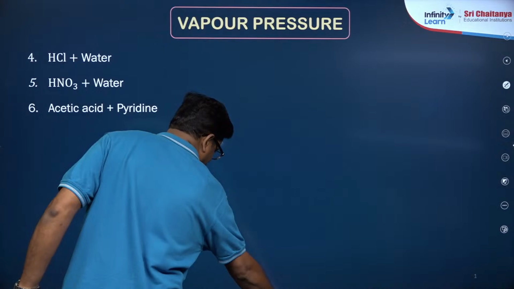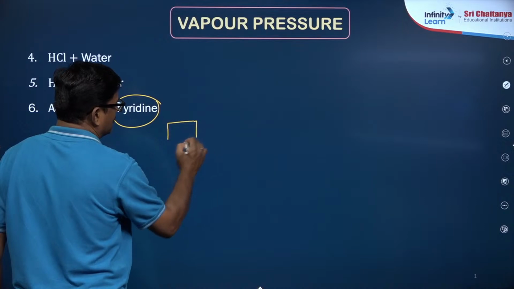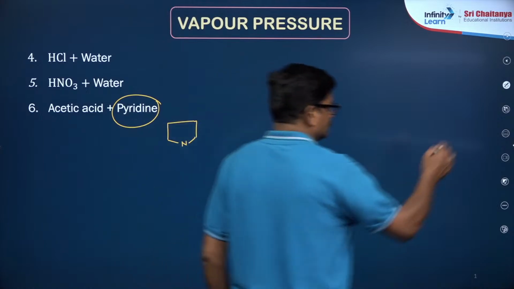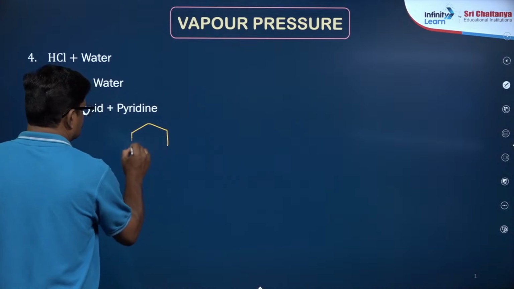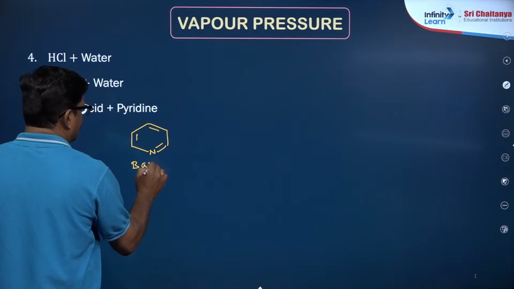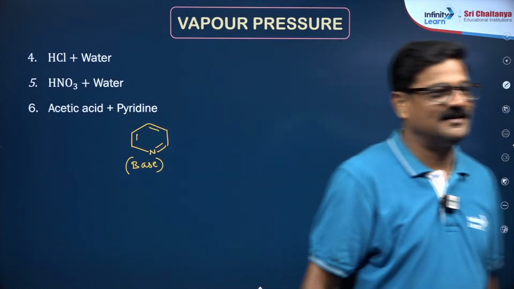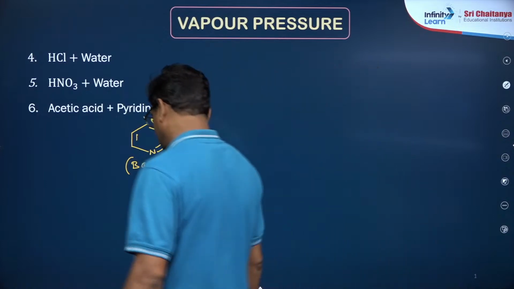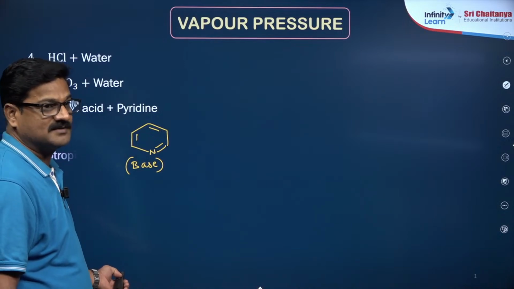Pyridine is extensively used in organic chemistry. इसका structure आता है ऐसे. This is pyridine, it is actually acting as a base and as well as a solvent. ठीक है? That is pyrrole. Next, we are talking about pyrrole.